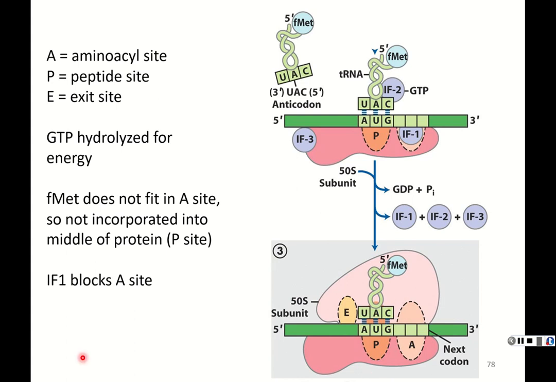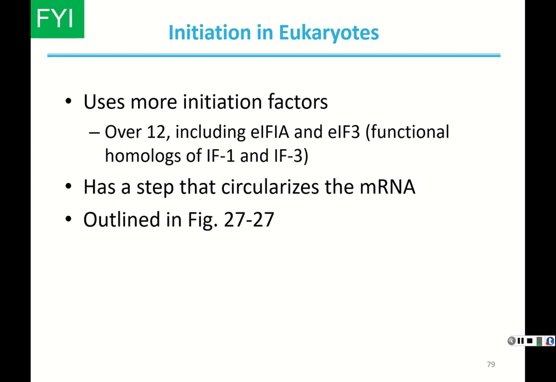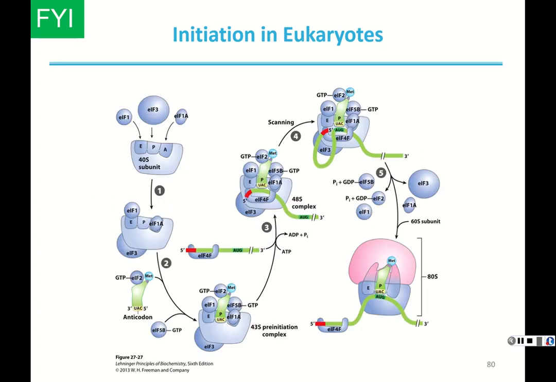Okay, so that's in prokaryotes, and in eukaryotes, it's a little bit more complicated because there are more initiation factors. It has a step that actually circularizes the messenger RNA, so it's not just hanging out as a thread, but becomes circular. This is outlined in figure 27-27. But for this class, we'll just focus on the process in prokaryotes and understand that in eukaryotes, it's similar but more complex. Here's that figure.